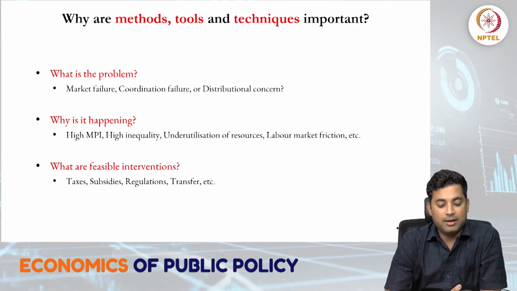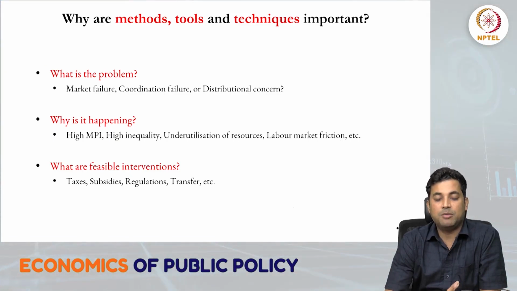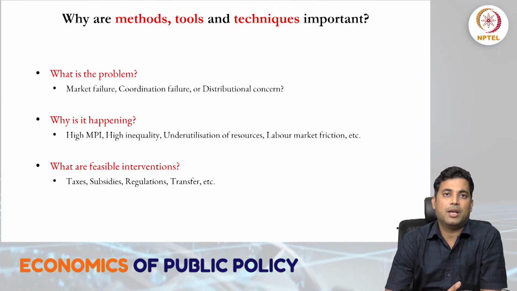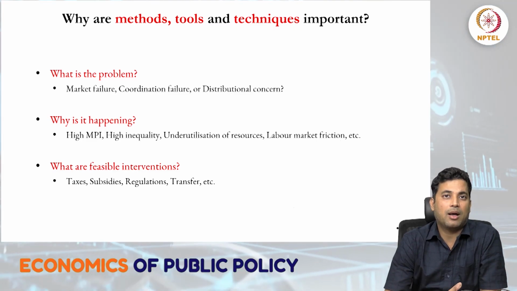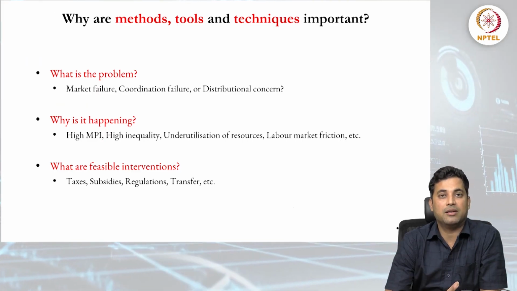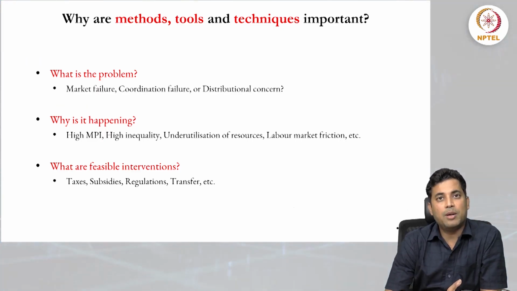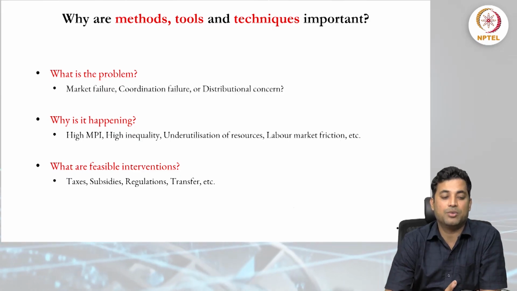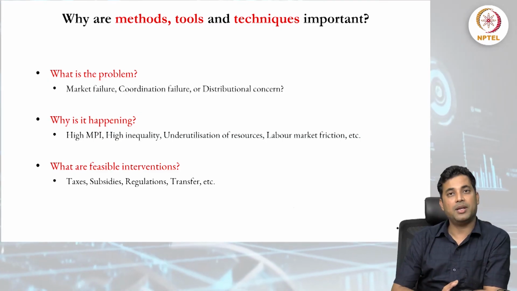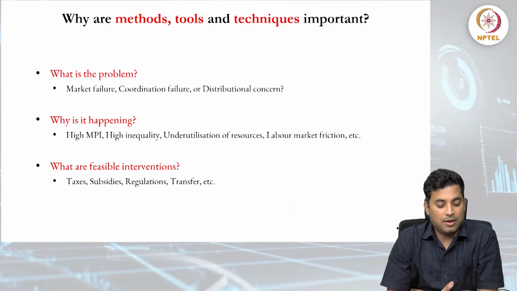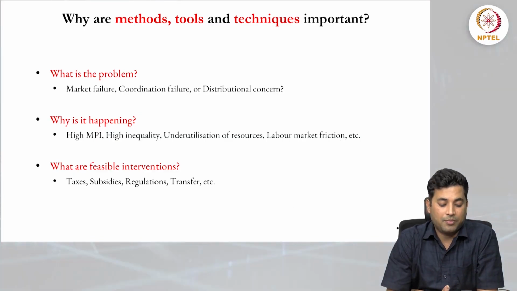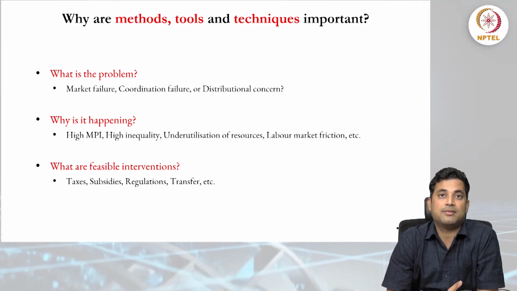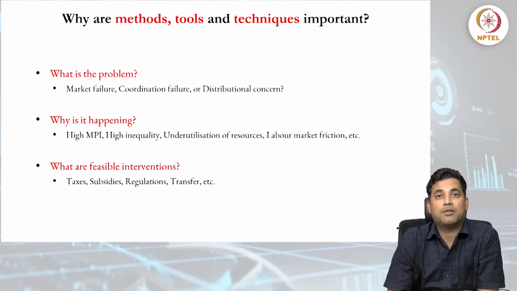Market failure, coordination failure and distributional concerns, these are the problems in economics when we look at resource allocation and distribution. And when the market fails, that is one of the problems that we try to address. Why is it happening? Because of high inflation, high inequality, underutilization of resources, labor market frictions.